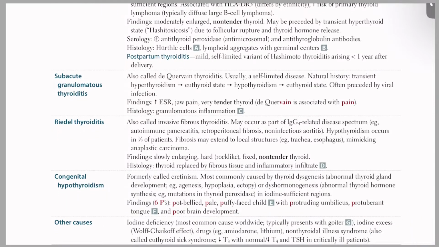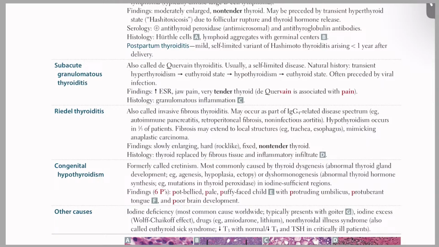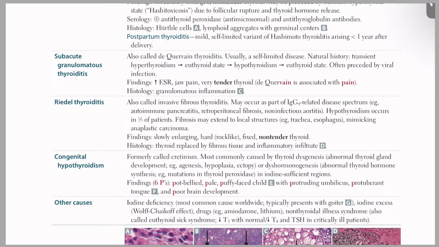Subacute granulomatous thyroiditis, also called De Quervain thyroiditis. Usually a self-limited disease. Natural history: transient hyperthyroidism, euthyroid state, hypothyroidism, euthyroid state, often preceded by viral infection.